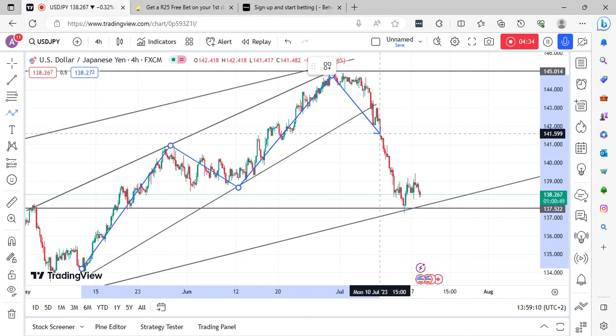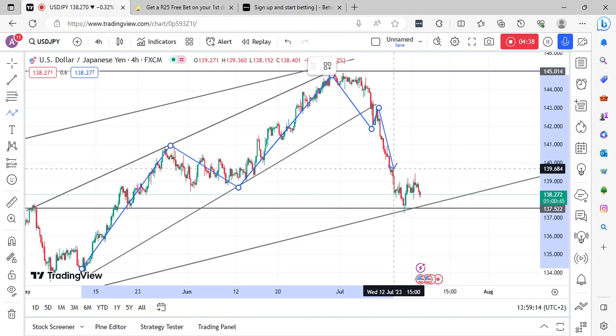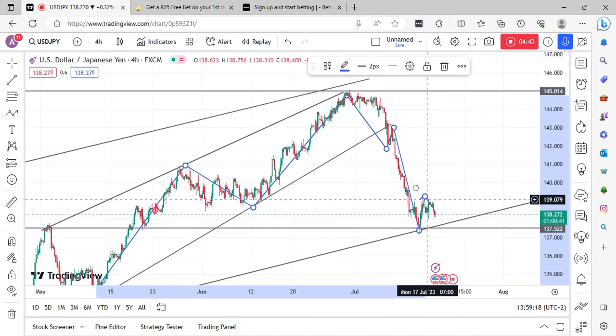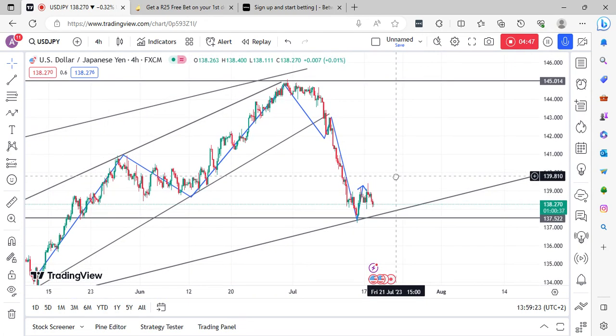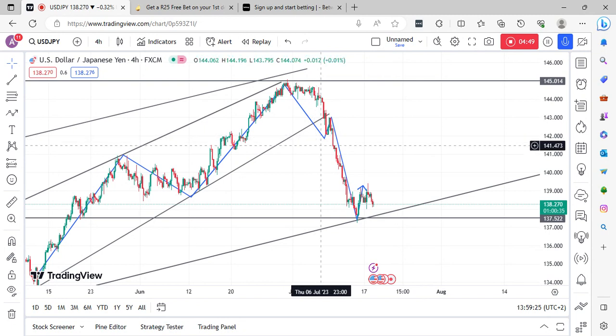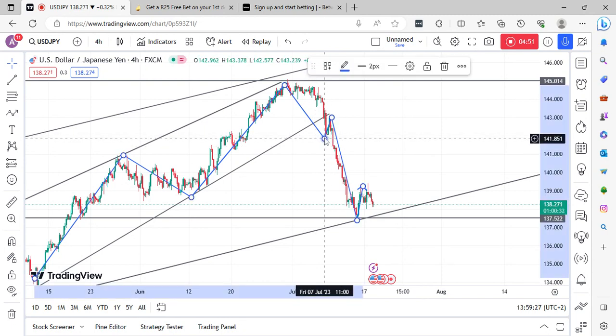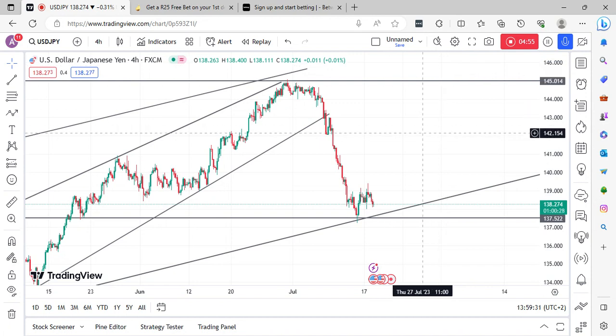Now, it had to come back to this level to test before pushing further down. This is what we are experiencing now. On lower time frames, the market is giving us a clear outlook of where we are going to be targeting our trades.